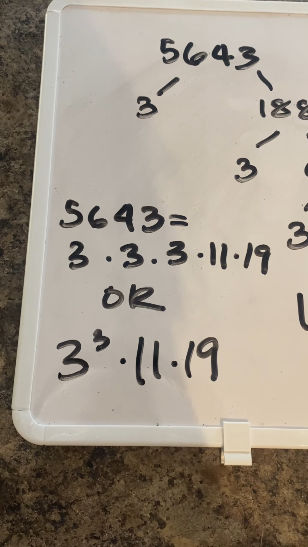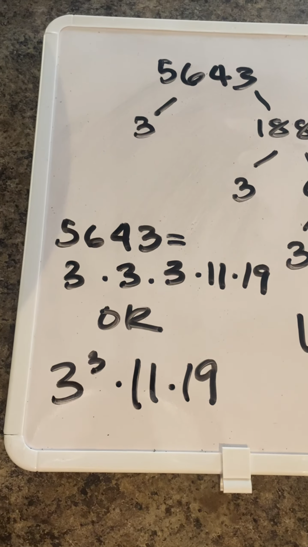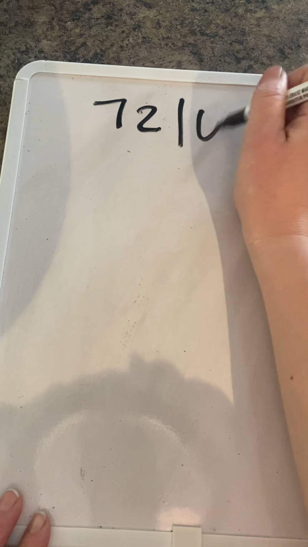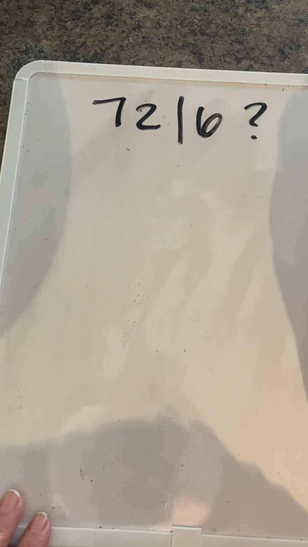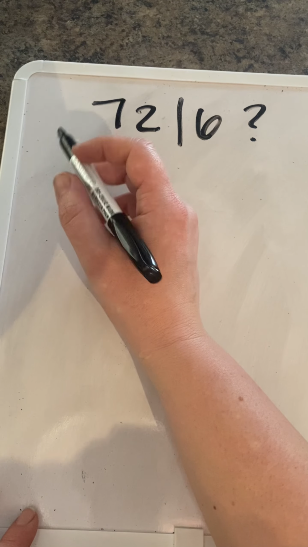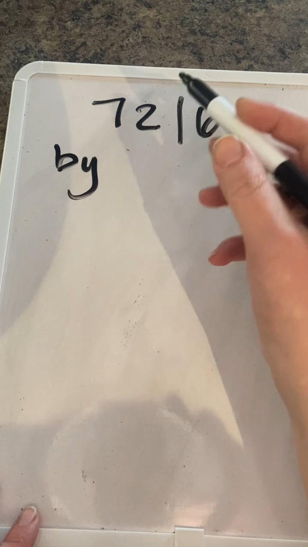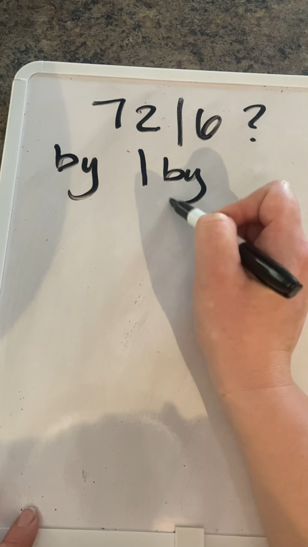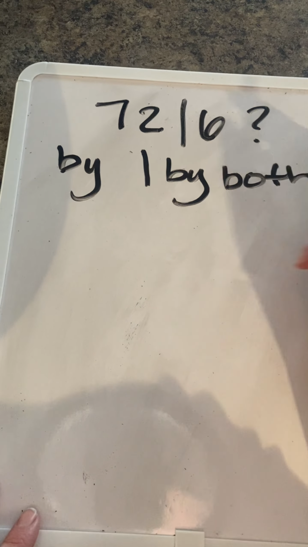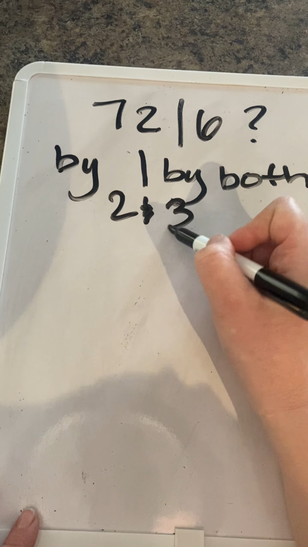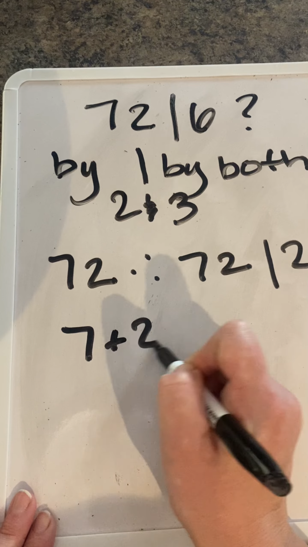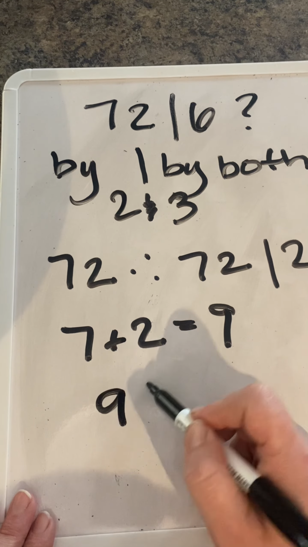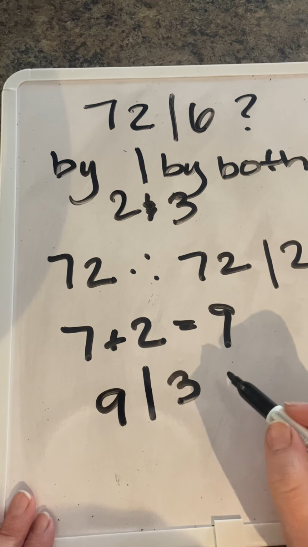Next, we're going to move into some divisibility questions. The first question we're going to ask is: is 72 divisible by 6? To check for divisibility by 6, it has to be divisible by both 2 and 3. 7 plus 2 equals 9. 9 is divisible by 3.